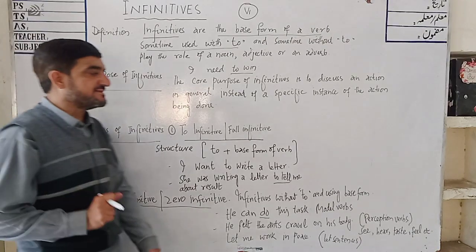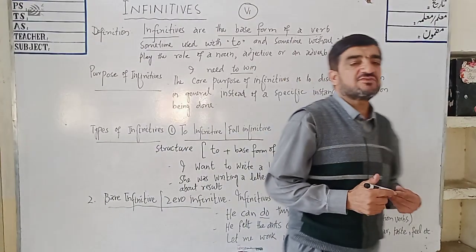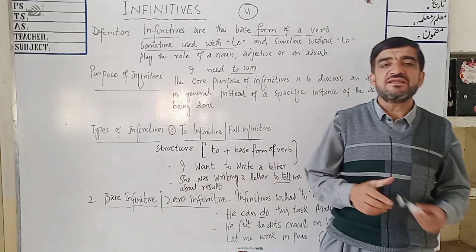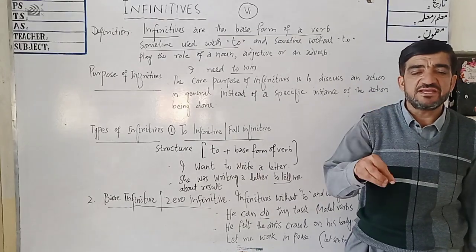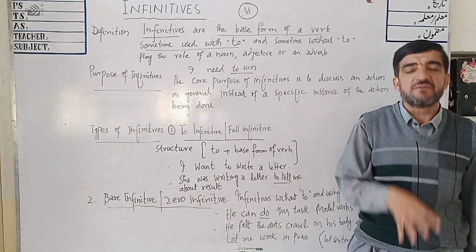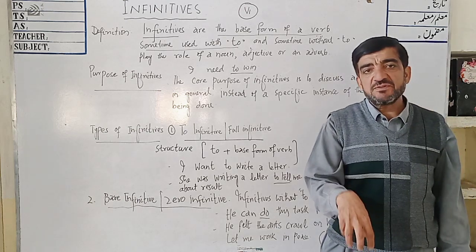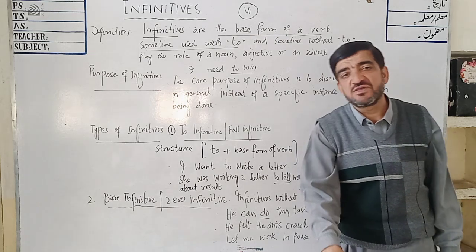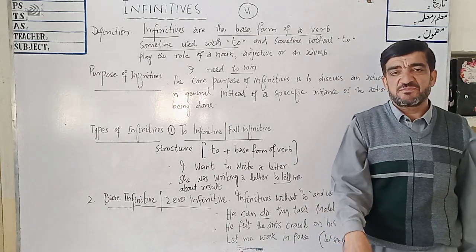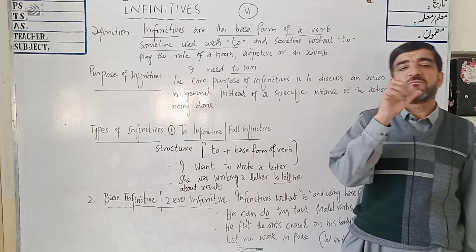So it means that infinitives are basically related with the application of a verb. But which type of verb? The base form of the verb, the foundational form of the verb, or the first form of the verb.